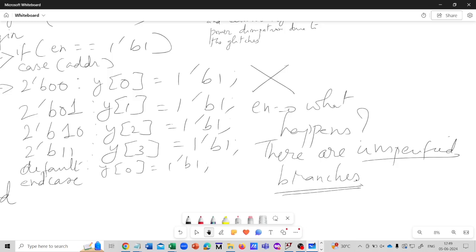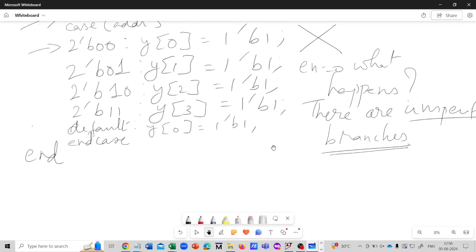When the synthesis parses this code, it will determine that there are unspecified branches for the if and case blocks. So how does the synthesizer interpret this? The synthesizer will assign the previous value of these lines for the unspecified branches.